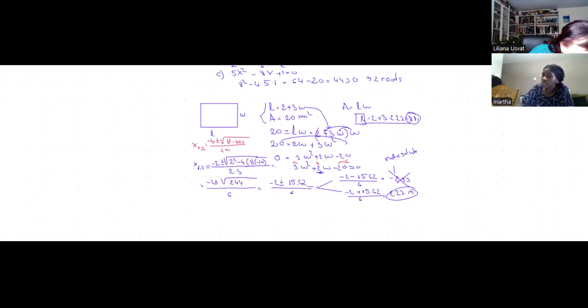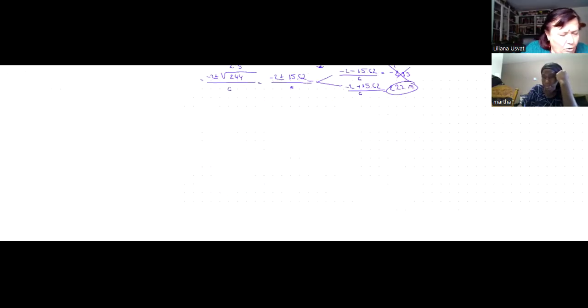Number 10. Determine the equation in standard form for each quadratic function. Its x-intercepts are -3 and 4, containing the point (1, -4). So let me copy.